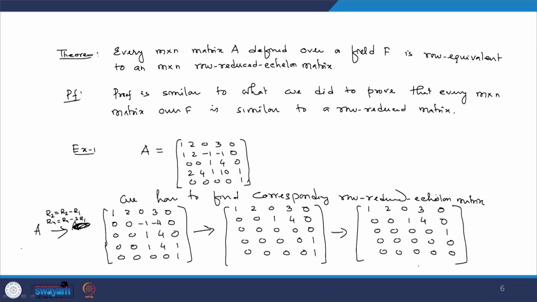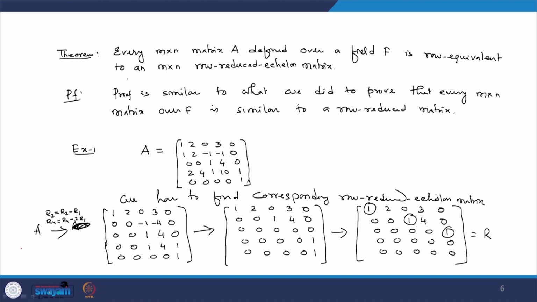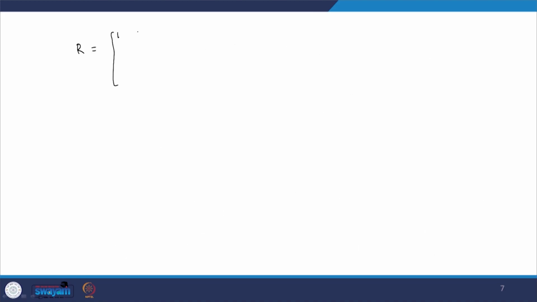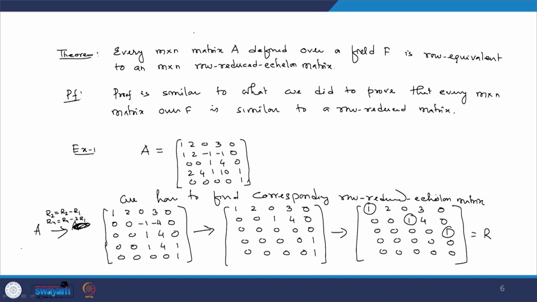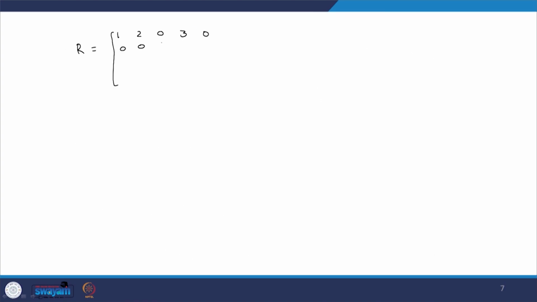Now, this is a row reduced echelon matrix, and the leading entries appear in K1, I can say that. So, let me write down R equal to 1 2 0 3 0, then the second one is 0 0 1 4 0, the third one is 0 0 0 0 1, the fourth one is 0 0 0 0 0 and the fifth one also the same.